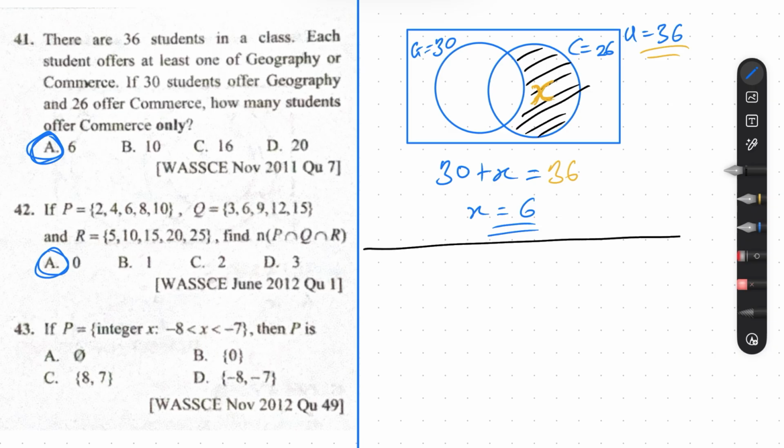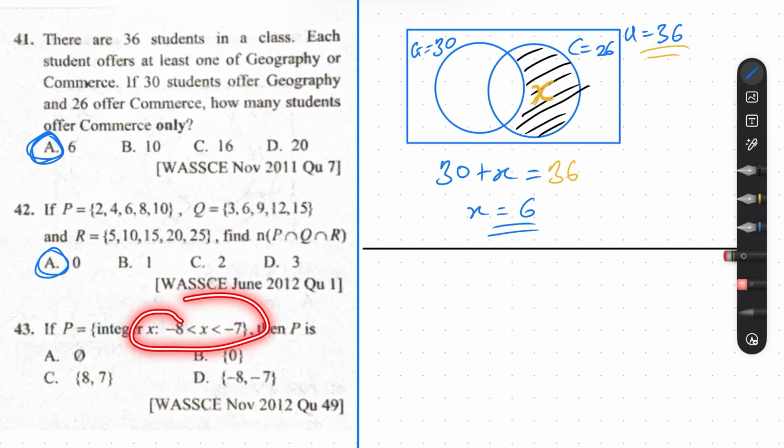Question number 43. The question says, if P is the integer x such that negative 8 is less than x less than negative 7, then find P. So this set simply means the elements between negative 8 and negative 7 which are integers.